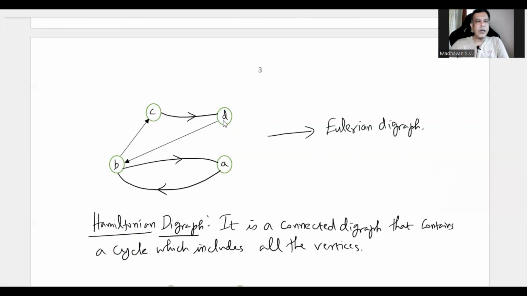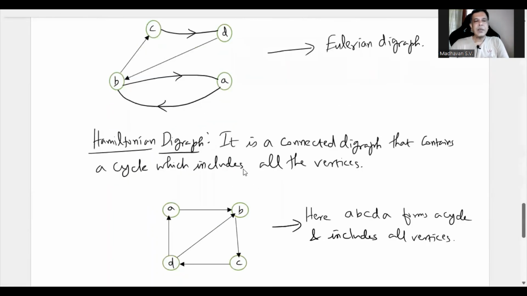For D, 1 incoming, 1 outgoing. For B, 1 outgoing and another outgoing, that means out-degree 2, and in-degree 1 and 1. For A also, 1 is coming in and 1 is going out. So we may notice that out-degree and in-degree are equal for each vertex.